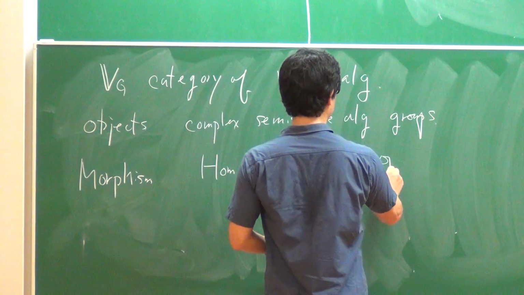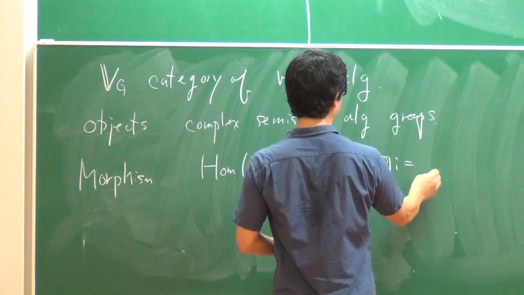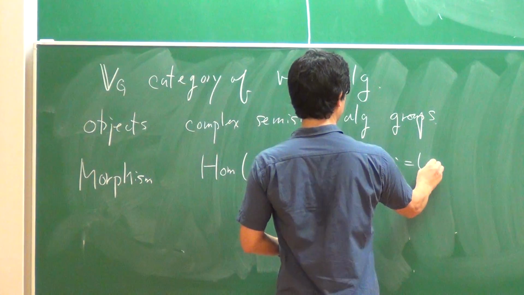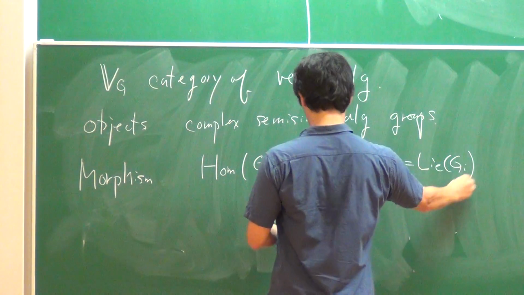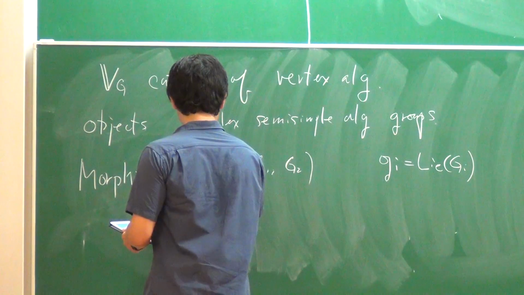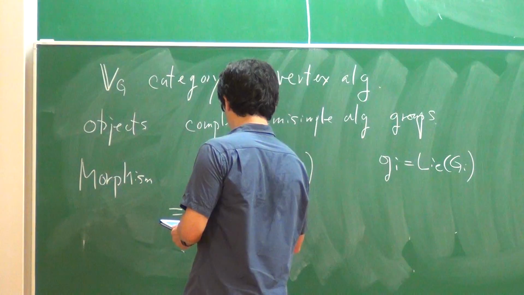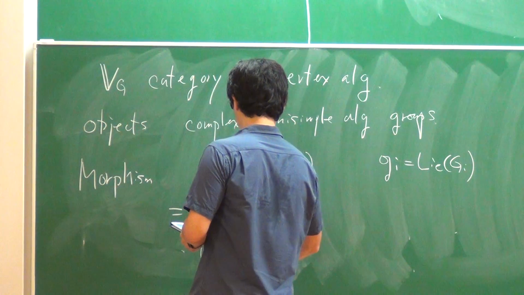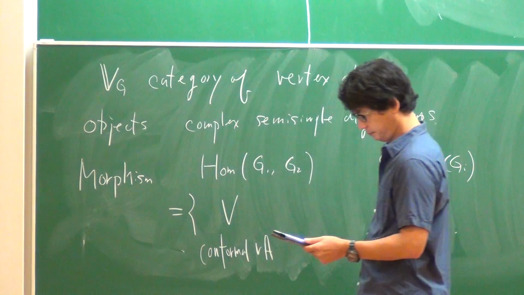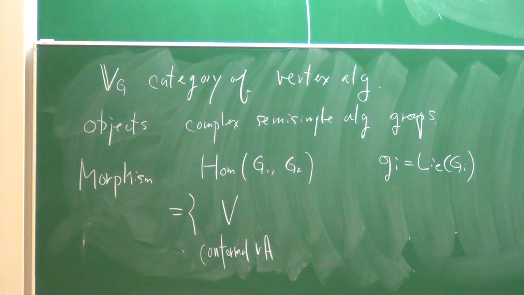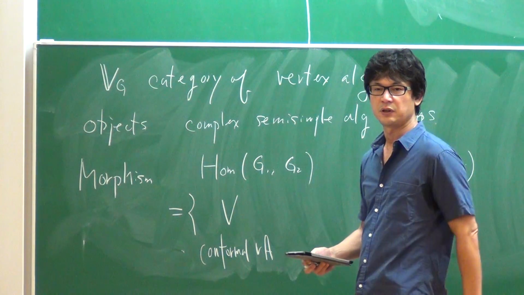So I say that for Gi, the vertex algebra consists of a conformal vertex algebra. I say conformal vertex algebra instead of VOA because it may not be Z graded, but half graded.